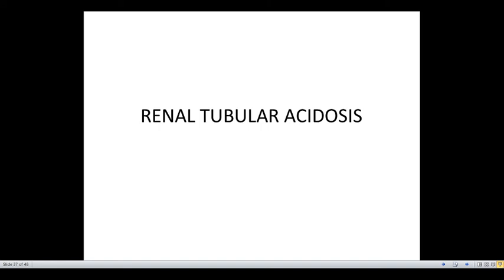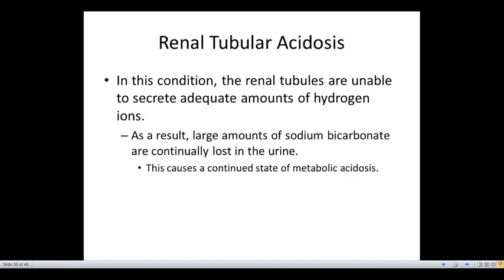Another tubular disorder is renal tubular acidosis. In renal tubular acidosis, the renal tubules are unable to secrete adequate amounts of hydrogen ions. As a result, large amounts of sodium bicarbonate are continually lost in the urine.